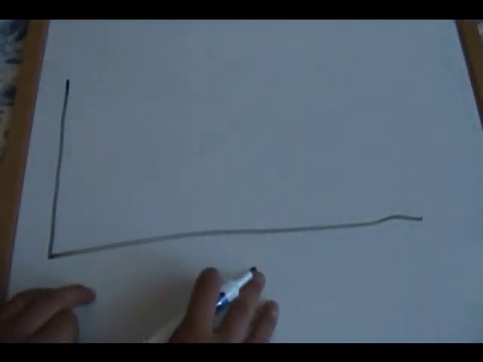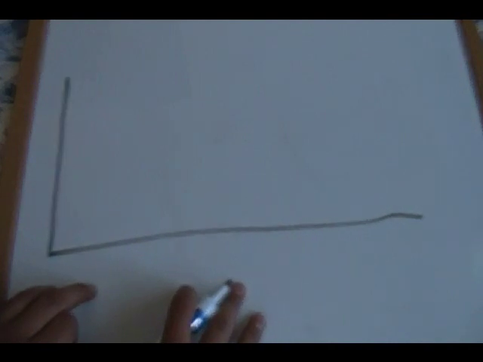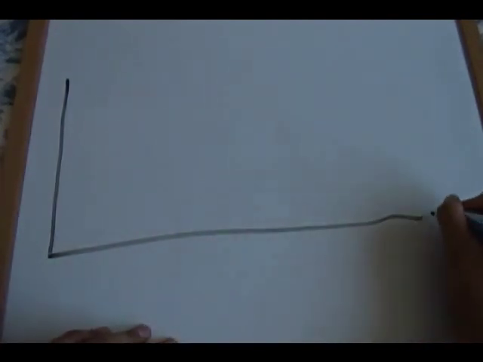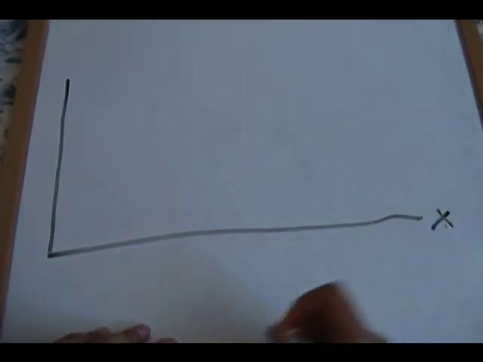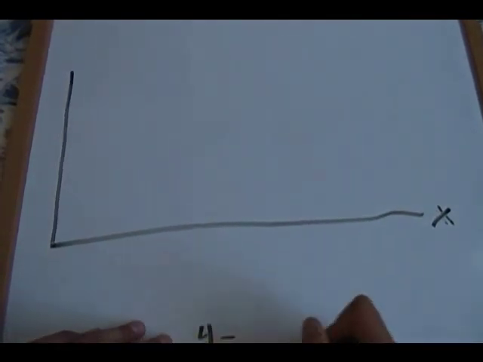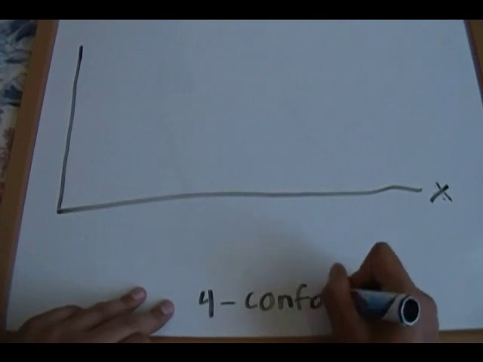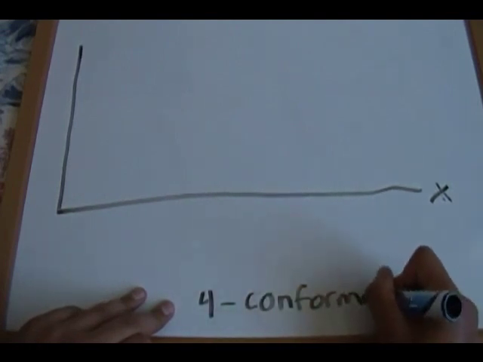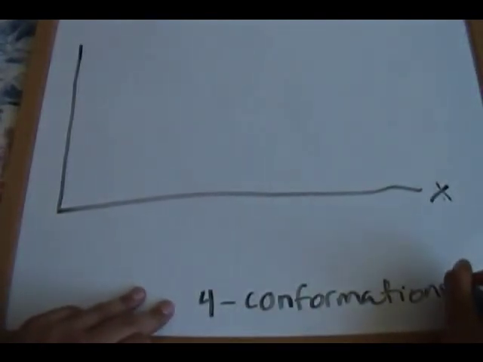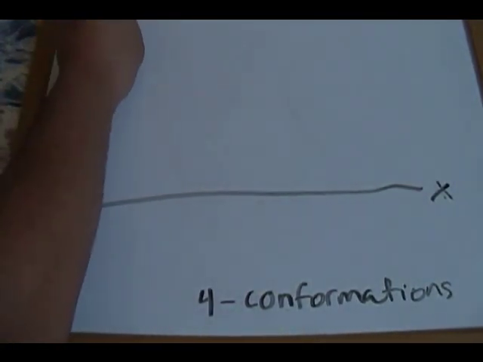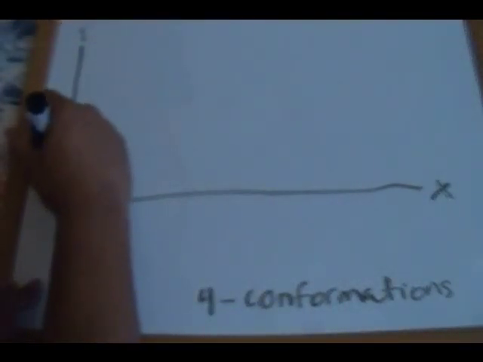On the bottom, on this x-axis, we'll have the 4 conformers, or 4 conformations. And on the y-axis, we'll have energy. Potential energy, or just simply energy.